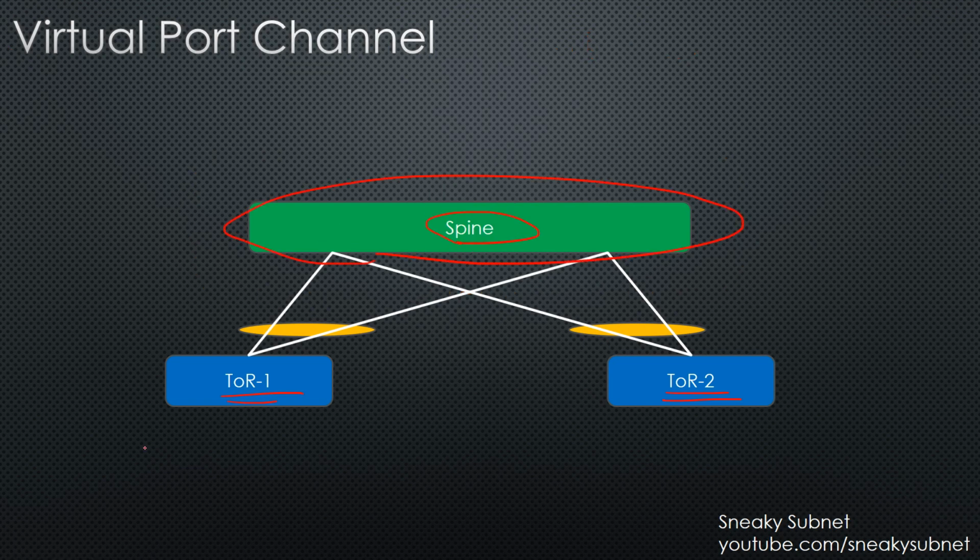This is the idea behind VPC. And finally, it means that top-of-rack switch number 1 has a port channel here, top-of-rack switch number 2 has a port channel here, and we are capable of establishing active connectivity, so all our links are utilized. We solved our initial problem.